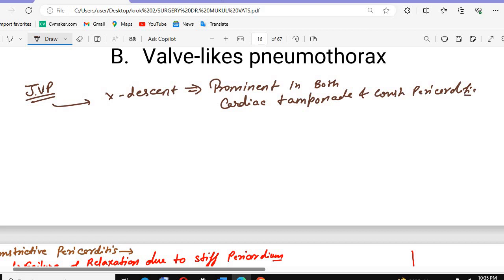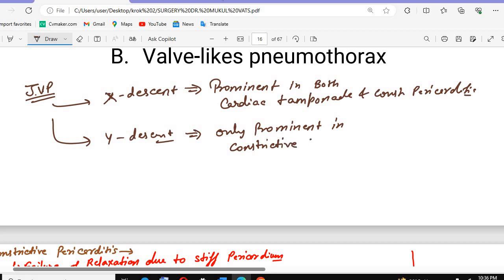Okay, I think initially I spoke about the acute, but what is the main difference between cardiac tamponade and constrictive pericarditis? What we will see, the X descent is prominent in both cardiac tamponade and constrictive pericarditis, and after that there is a Y descent. The Y descent is only prominent in which condition? Constrictive pericarditis. Only prominent in constrictive pericarditis.